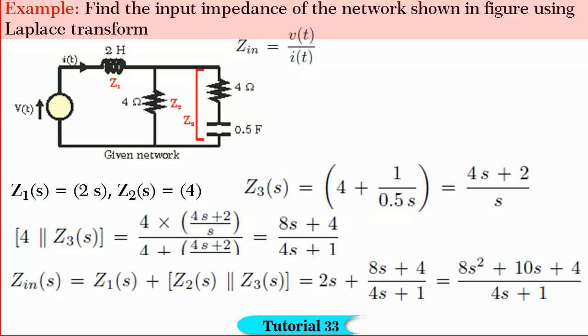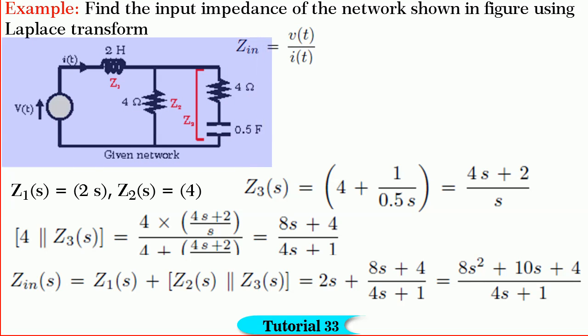In this problem, we are required to find the input impedance of the given circuit. If you observe the circuit, v of t is the excitation applied and i of t is the response. We know that the input impedance Zin is equal to v of t upon i of t. By observing the network, we find that the circuit elements 4 ohm and 0.5 farad are connected in series in one branch.